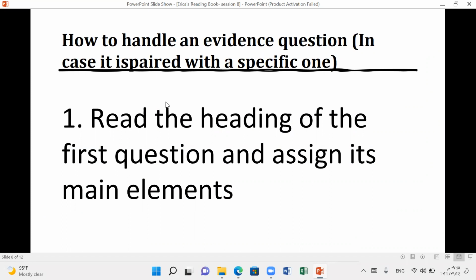So here, how to handle the evidence question, especially in case it is paired with a specific one. As you know, I like to give you steps to follow. Once you follow the steps, you will be able to handle the questions easily.